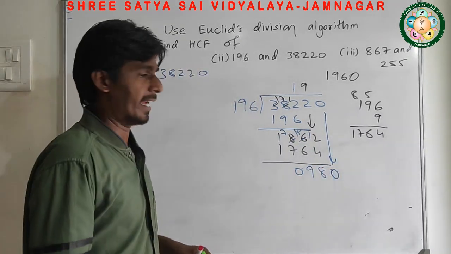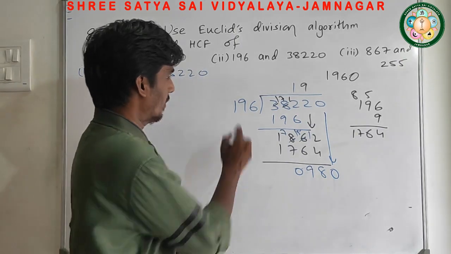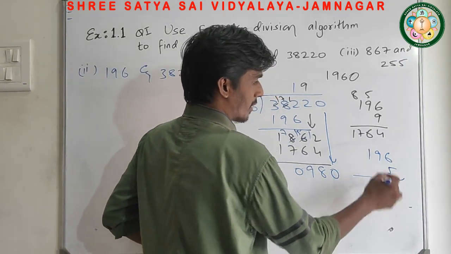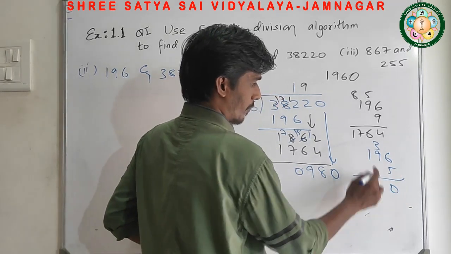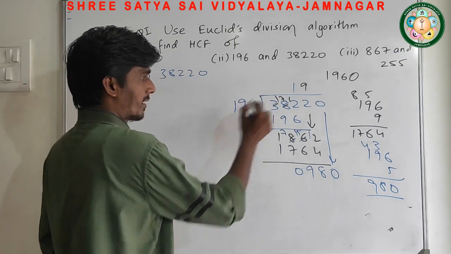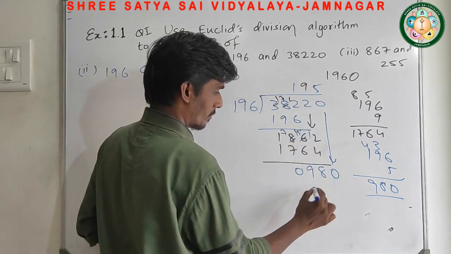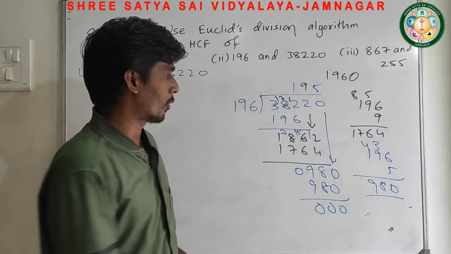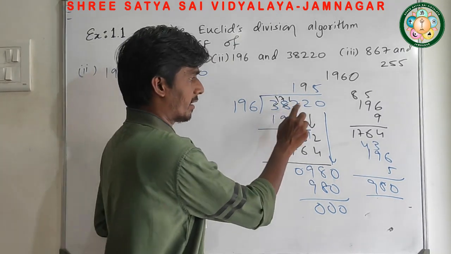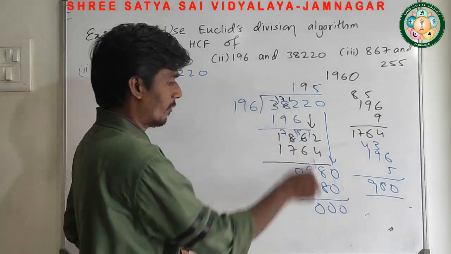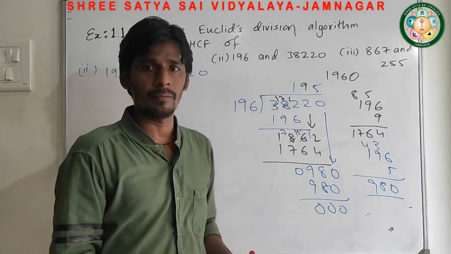It becomes 980. Now 980 divided by 196, 5 times 196 is 980. So exactly it's divisible. Here you can see this 38220 is exactly divisible by 196. So in the first step itself we got the remainder 0.